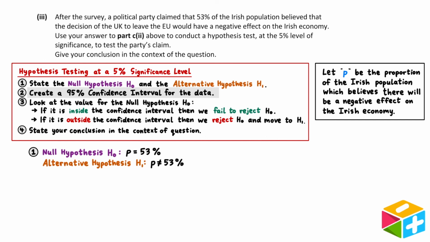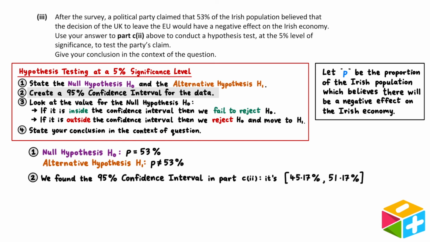Step 2 is to create a 95% confidence interval for the data. And we've done this in the previous part of the question. We found that our 95% confidence interval is 45.17% to 51.17%.